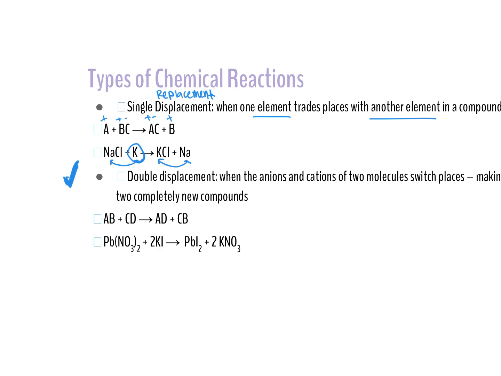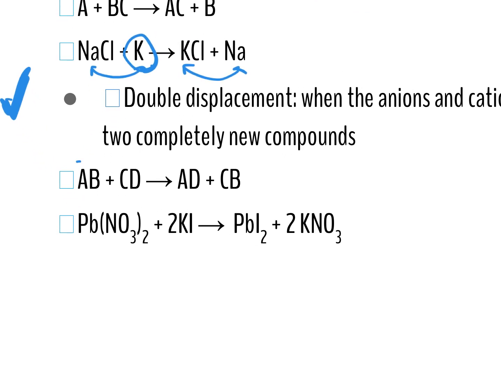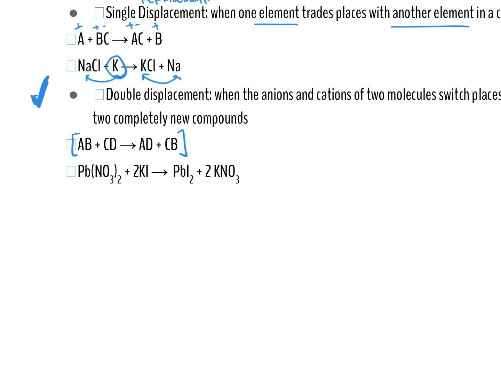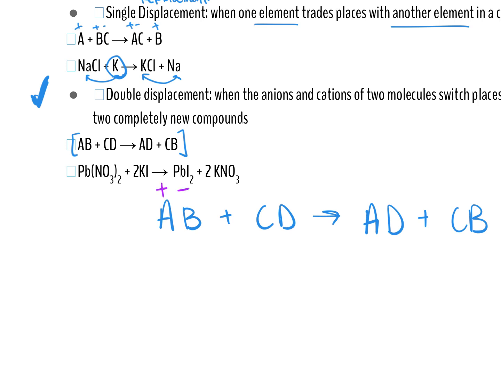Okay. Here is an example, and this is actually really important why it's written this way. I'm going to write it a little bit bigger. Some compound AB plus some compound CD yields AD plus CB. And these are written in a particular order for a particular reason. If these are ionic compounds, which we assume they are, this is a cation and an anion.